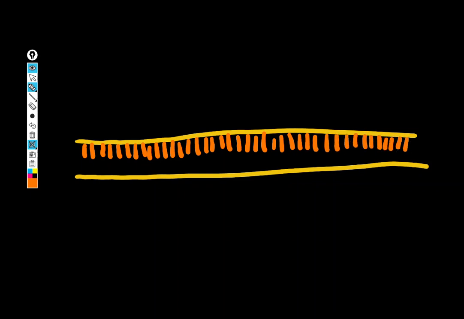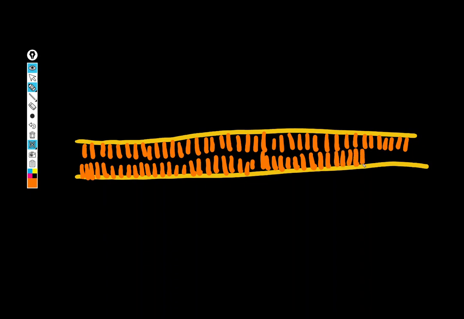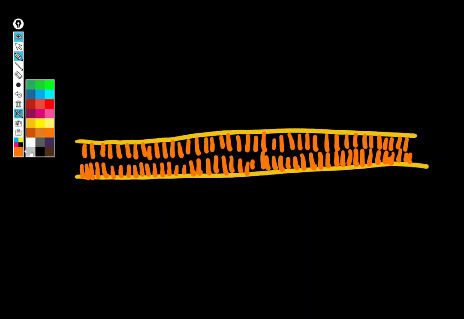I've drawn the little yellow lines to represent the phospholipid heads, which are hydrophilic, and these orange guys I'm drawing are the fatty acid tails of the phospholipids, which are hydrophobic. So let's just go ahead and label that hydrophobic zone.